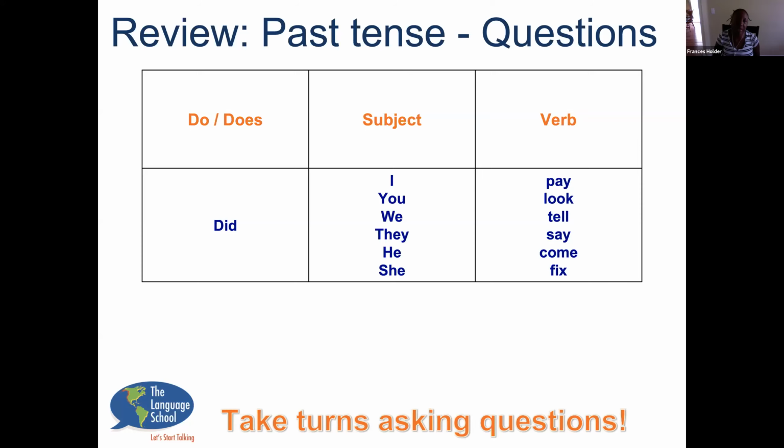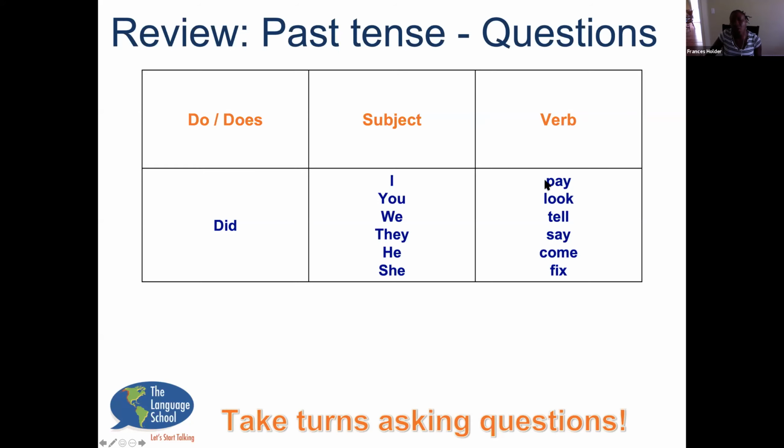Oh, okay. So one person stopped coming to class. Yeah, she tells she needs to work. Okay, so she said that she needs to work. Yeah, she said that she needs to work. Or you can say she told us that she needs to work.